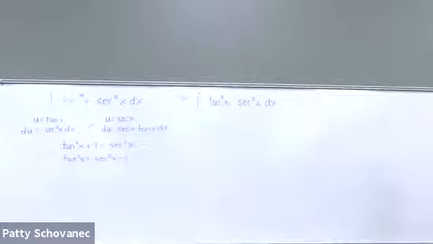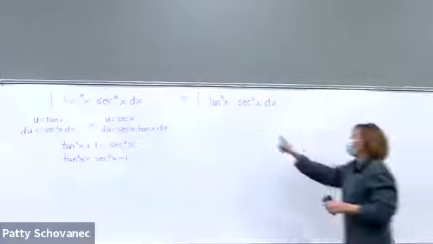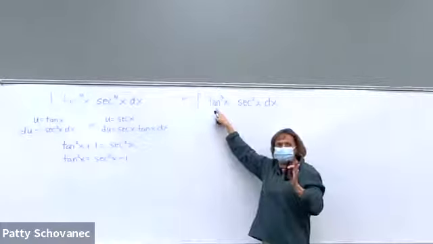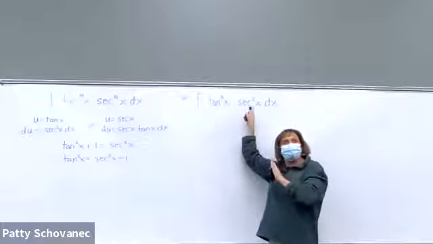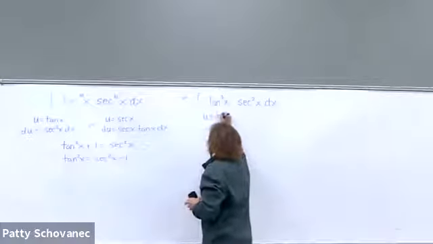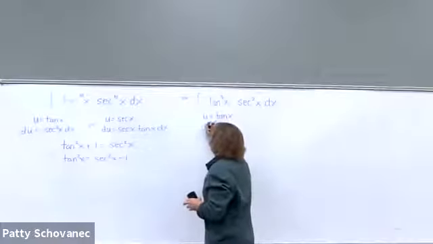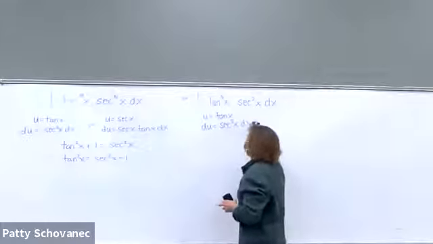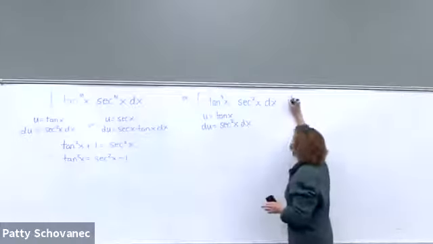Just take u to be tangent, du is secant squared. It's already a UDU integral. The derivative of tangent is secant squared. So just take u to be tangent, not tangent cubed, just tangent, and du is secant squared. We're done. We're integrating u cubed du.